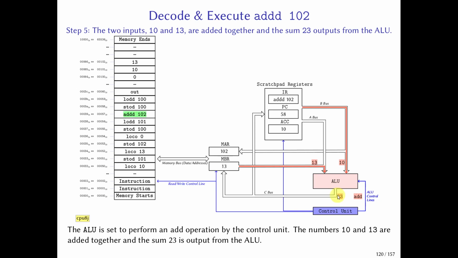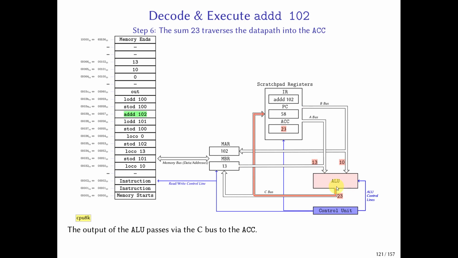The next step after that is to take that 23 and send it up to the scratch pad registers and copy it into the accumulator. So you can see now that the accumulator has accumulated the sum of 13 and 10.